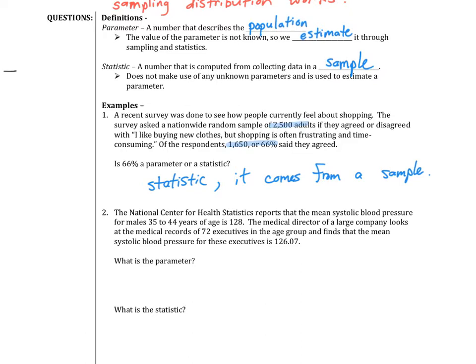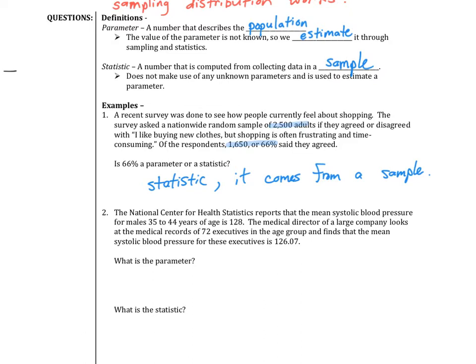In number 2, the National Center for Health Statistics reports that the mean systolic blood pressure for males 35 to 44 years of age is 128. Okay, the report says that the average or the mean systolic blood pressure for males 35 to 44 is 128.